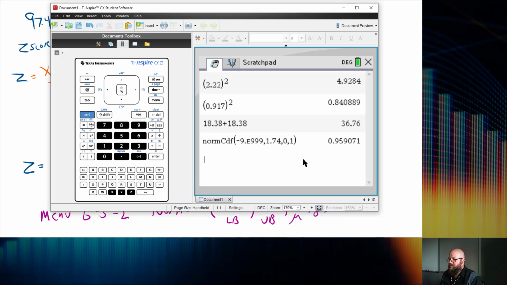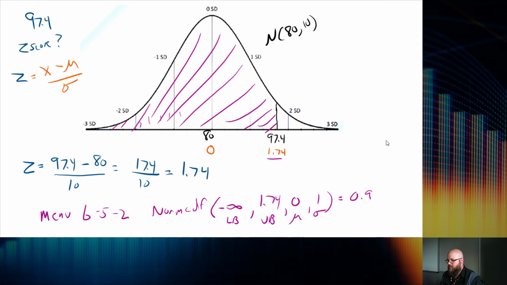All right, so it comes out to 0.9591, we'll say. So 0.9591. So that is 95.91% for that quiz score, okay? So the area under the curve is 0.9591.